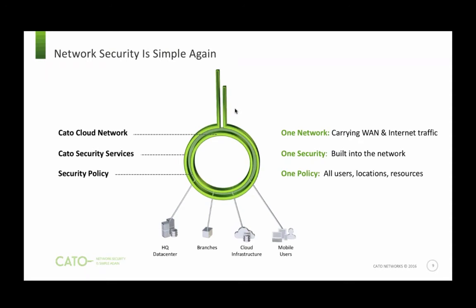And finally, as we have both networking and security integrated, we now have an opportunity to enforce a unified policy across all assets. So we don't need a mobile security solution to control access between a mobile user and a cloud.